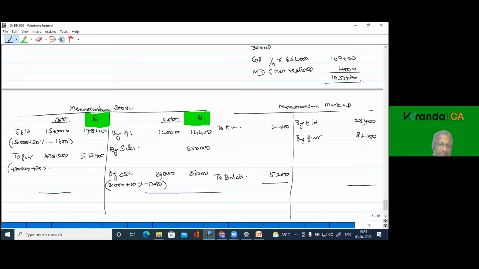Right. So either you can write it in full and go for markdown, or you can adjust in the item and you can do it.